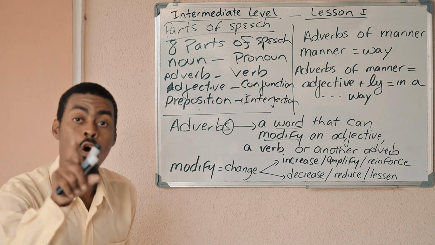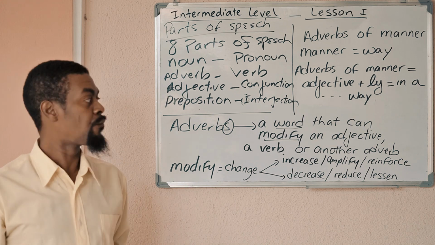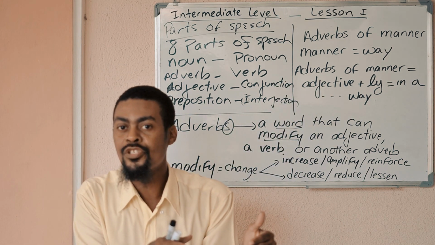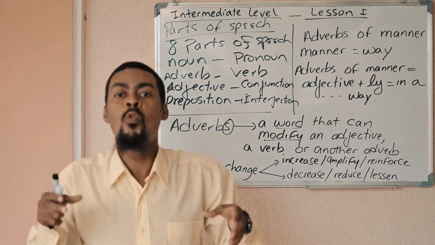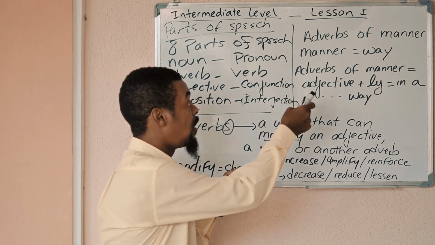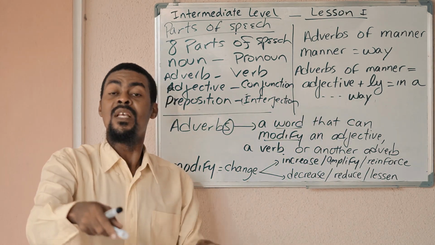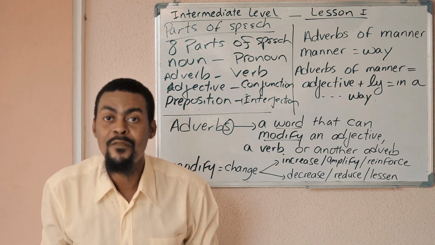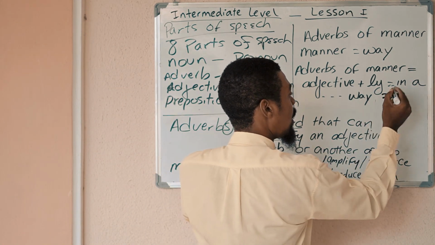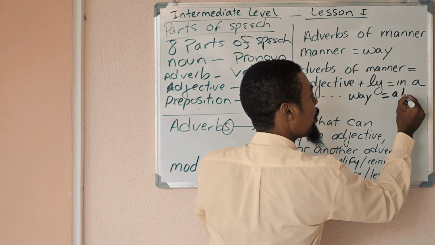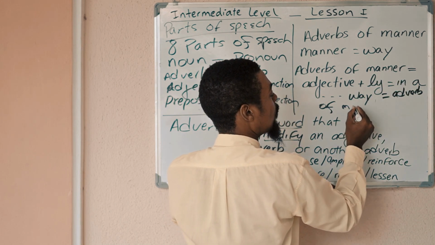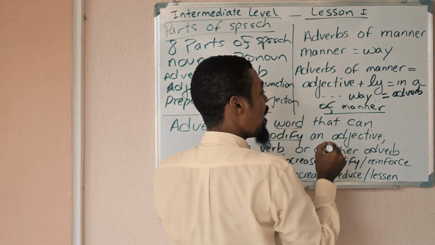But how do you form adverbs of manner? Adverbs of manner are usually adjectives that you add ly to. When you have an adjective and you add ly to this adjective, it becomes an adverb, and this is an adverb of manner.